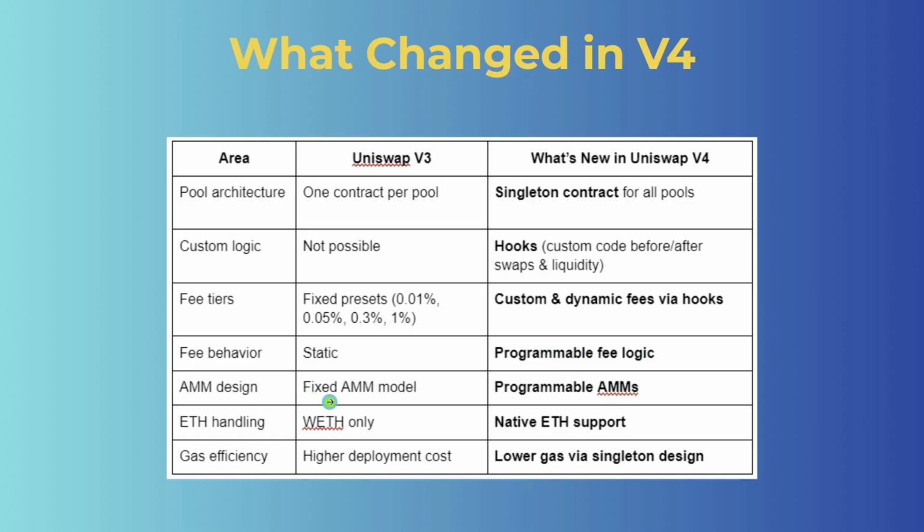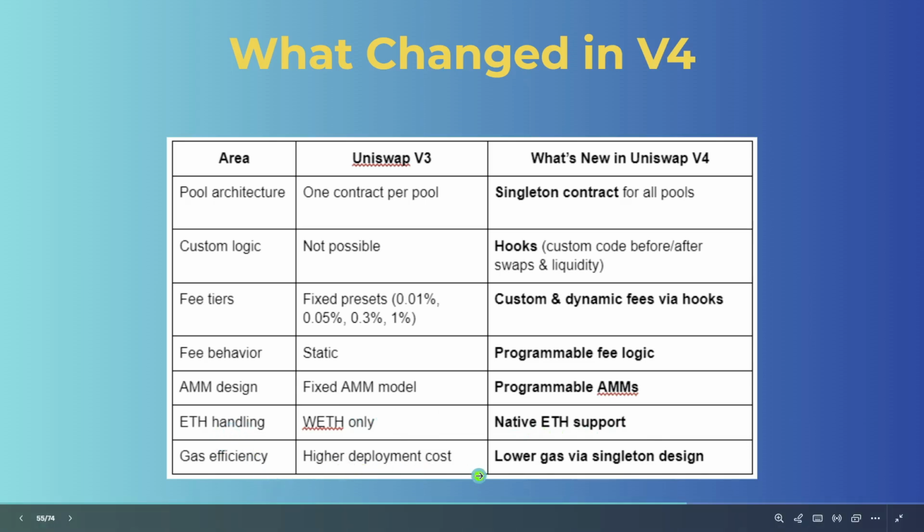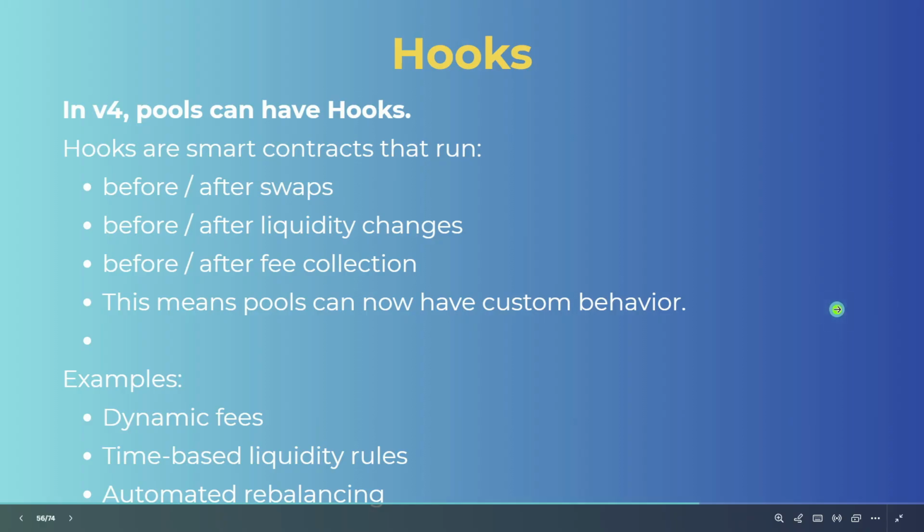The AMM design was a fixed AMM model. Here there is a programmable AMM. V3 could only handle WETH, so ERC20 tokens. Here there is support for native ETH. And of course, gas efficiency: higher deployment costs before, here lower gas via the singleton design.